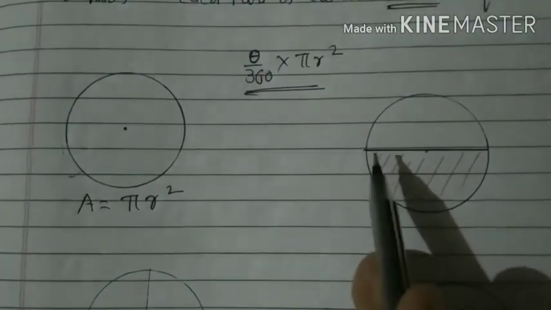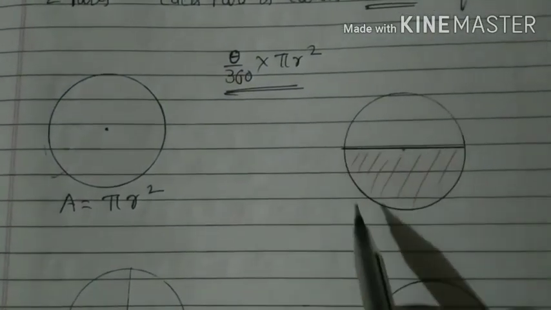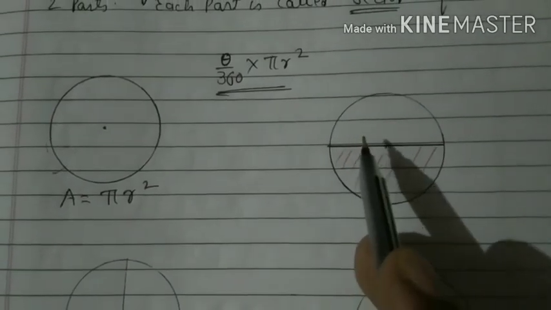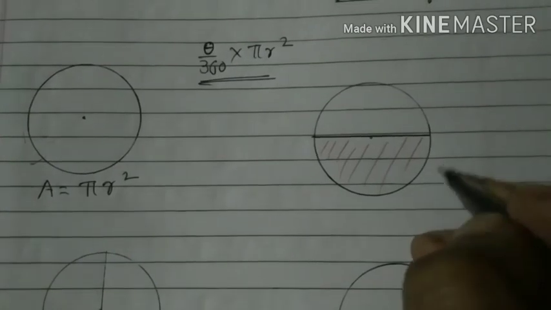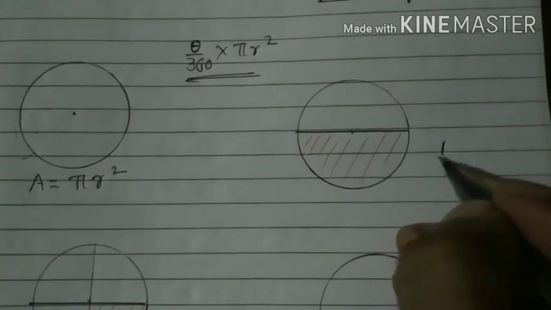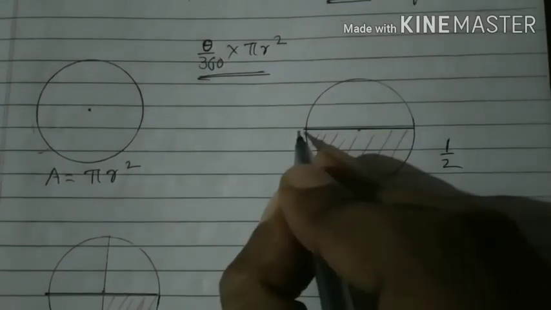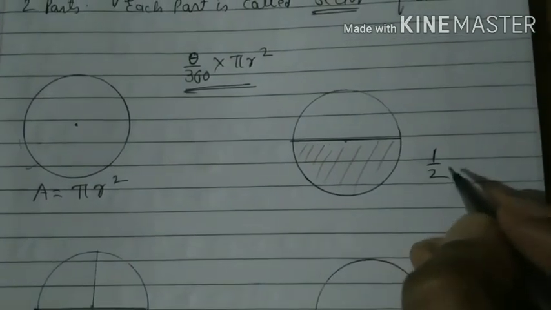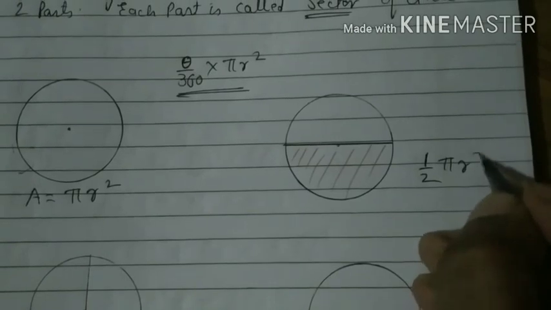Now let's move on to the next part. Again I have a circle, but I have divided it into two equal parts, so I get a semicircle. The area will be half, because we are taking the half part. The area will be half pi r square.